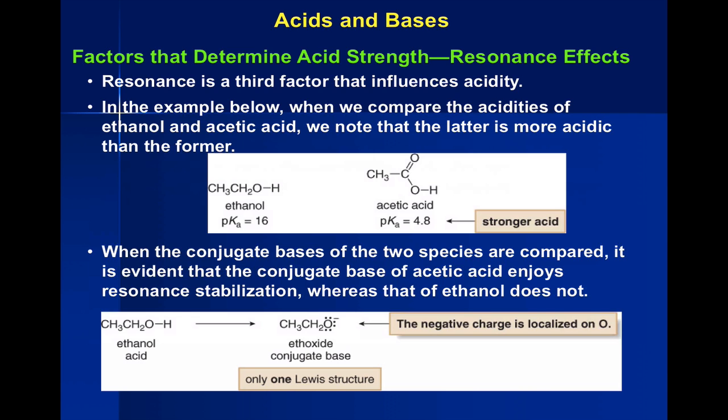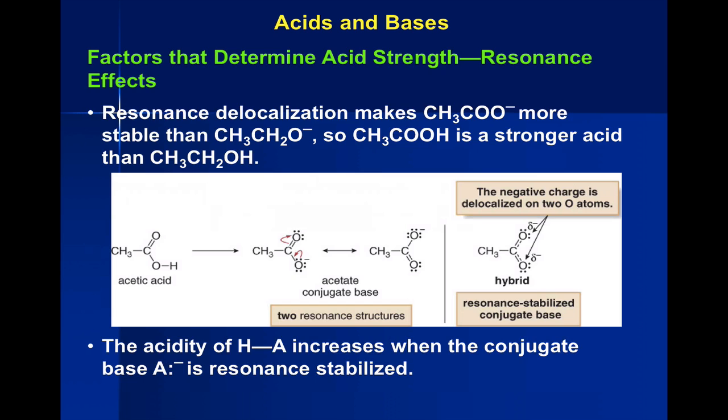Now, if we look at ethanol, we look at the conjugate base, that negative charge is located on one oxygen atom and one oxygen atom only. Is that true for acetic acid? No, it is not. And in fact, our ability to draw a single resonance structure makes all the difference in the world.